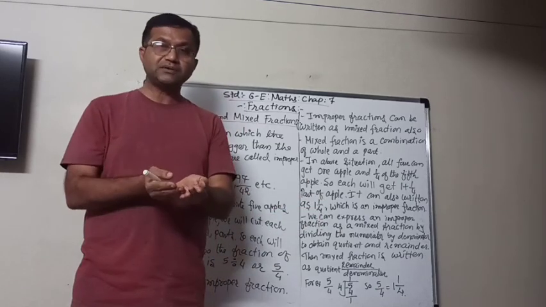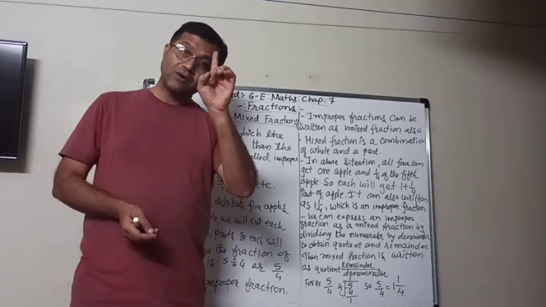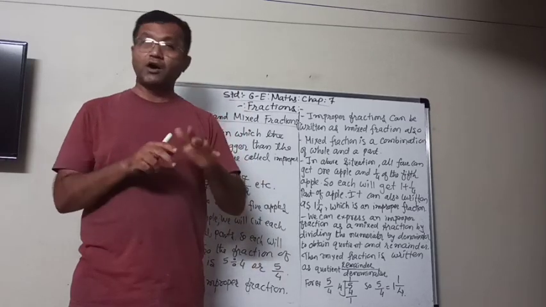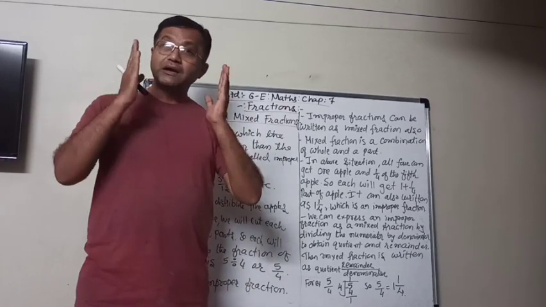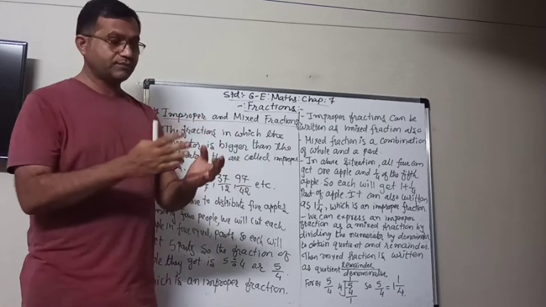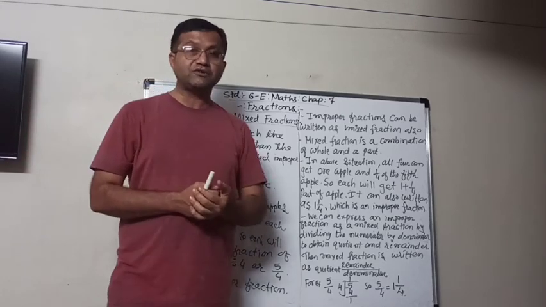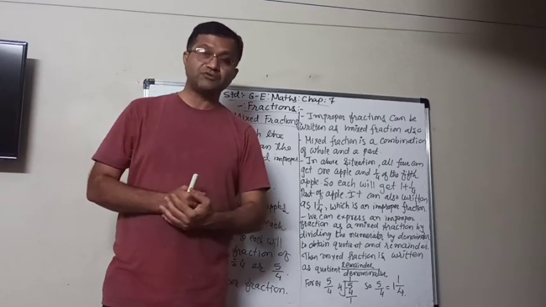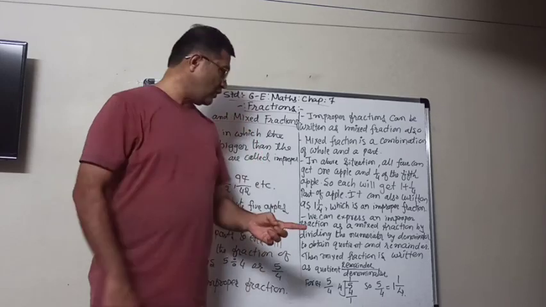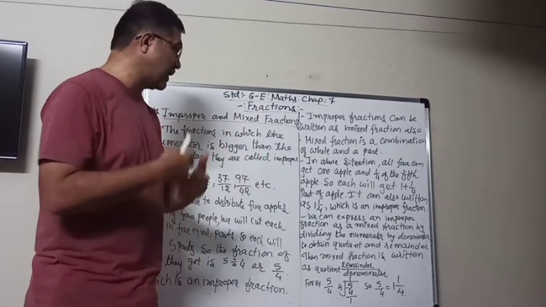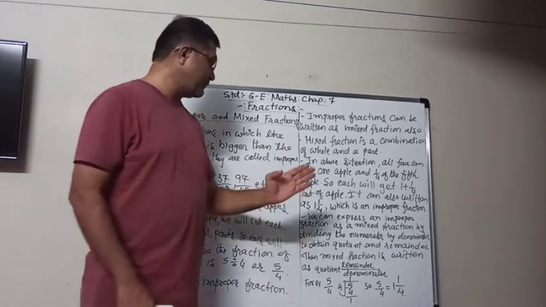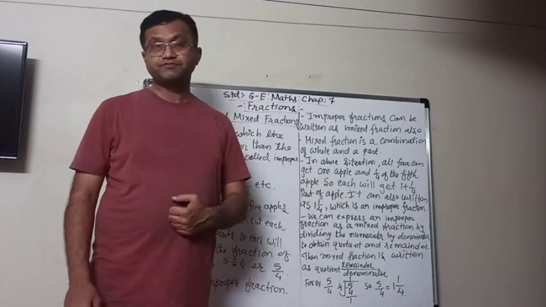Means 1 whole part and another 1/4 part of the whole. So it is a combination of the whole and the part, which is known as a mixed fraction. So now how can we convert or express an improper fraction as a mixed fraction?